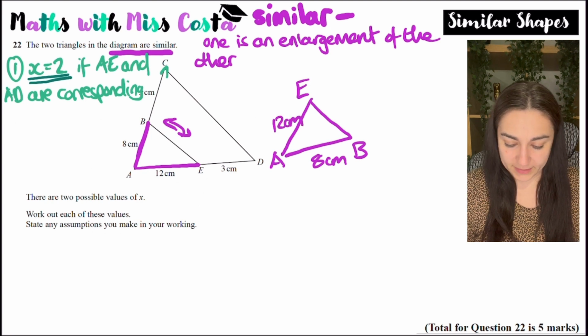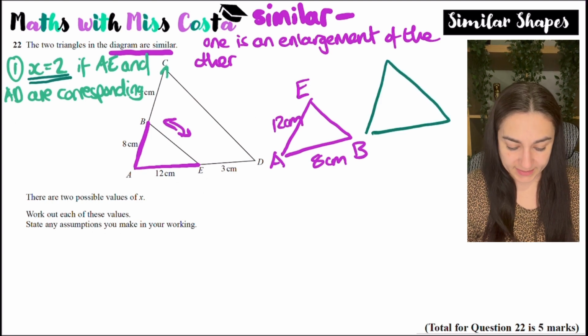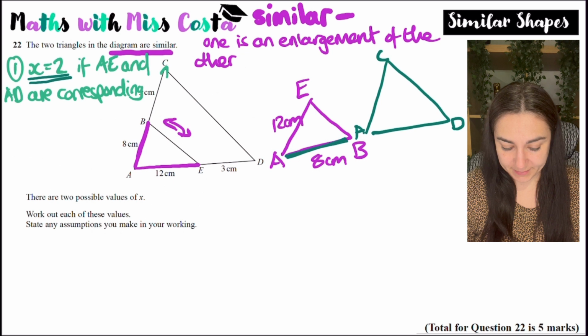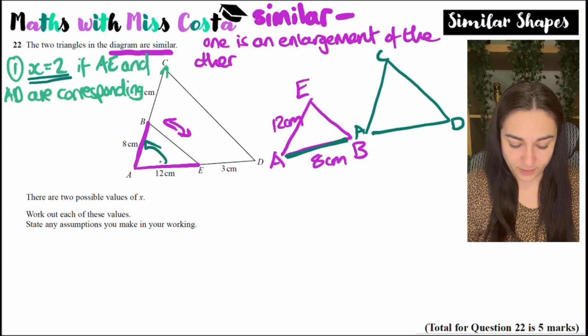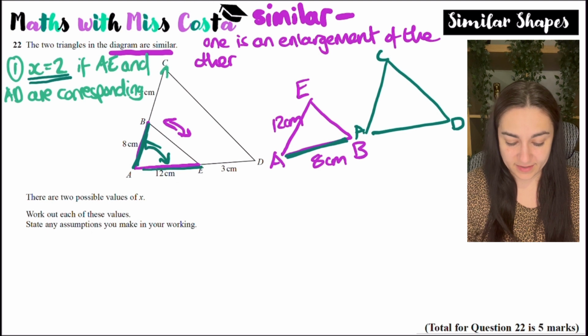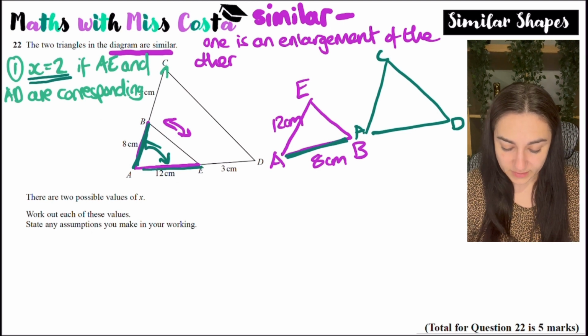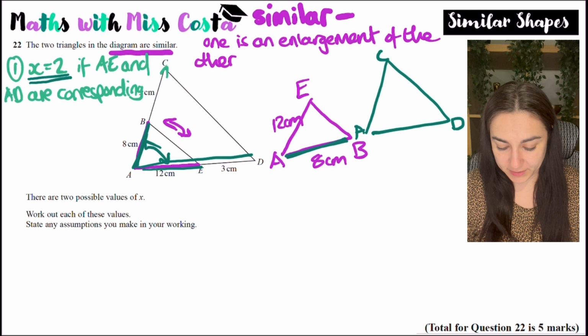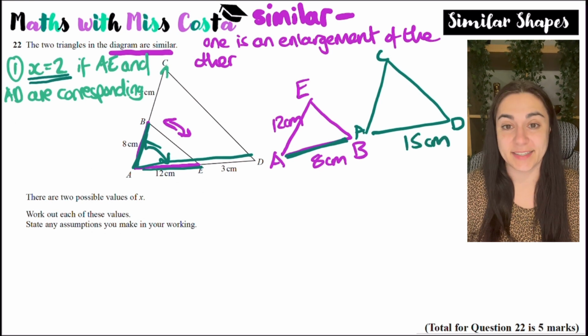And that would be corresponding to my larger triangle, which can stay the same, which is ACD. So that now means that this 8 centimeters, because I've just flipped them round, so this line here now belongs here and the other way round. So 8 centimeters must be corresponding to the 15 centimeters.